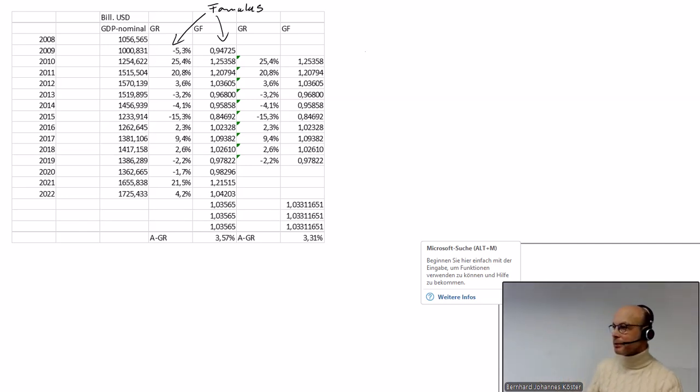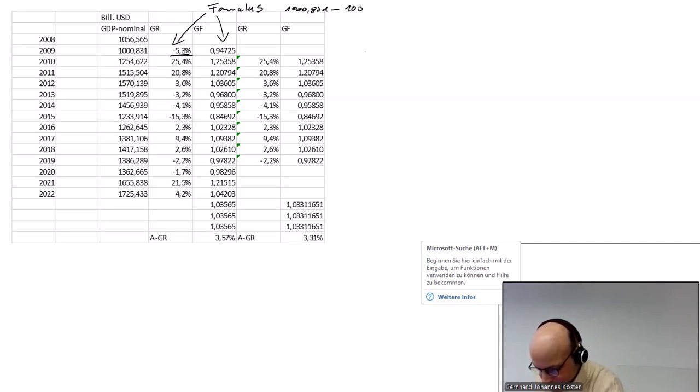Yeah. And there, for example, you can write down here, well, how did I obtain this 5.3%? That this one was 1,831 minus 1,056,656 over 1,056,656.